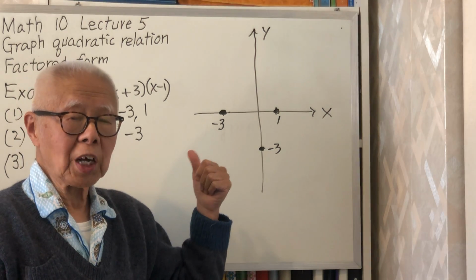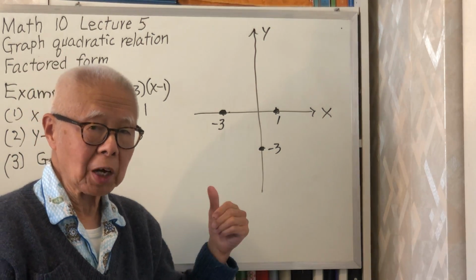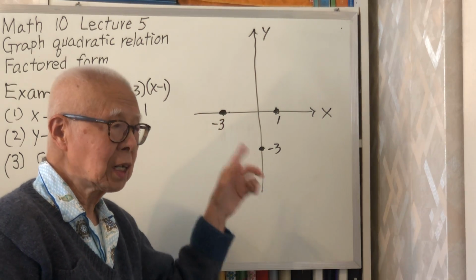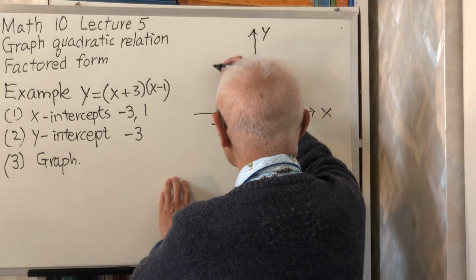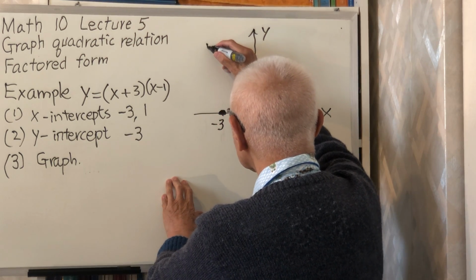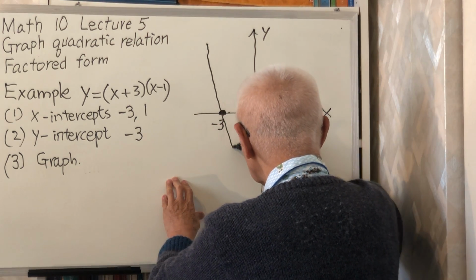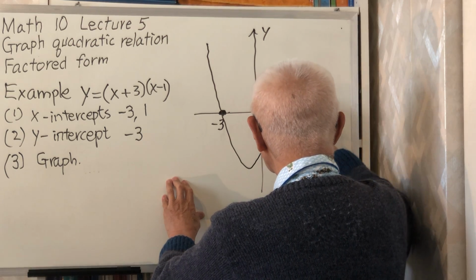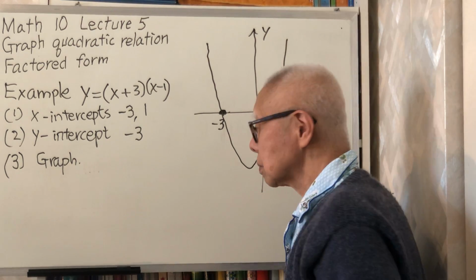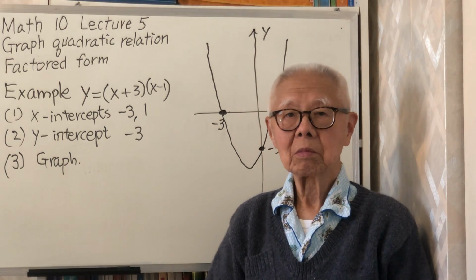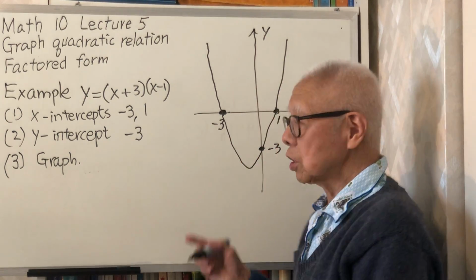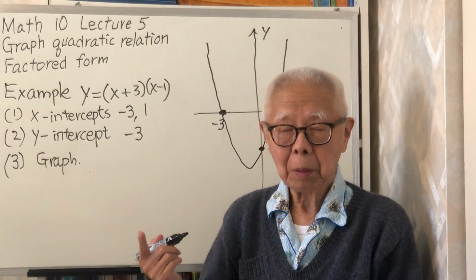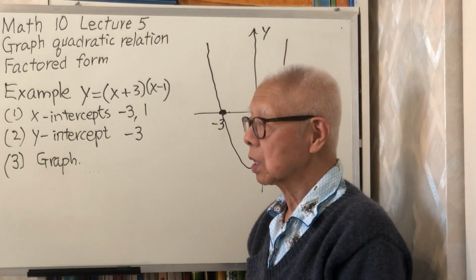The quadratic relation means it's a parabola, so I draw a parabola passing through these 3 points. That's it. That's my graph. It's only a rough sketch passing through 3 points.